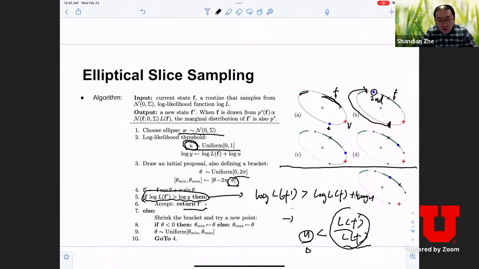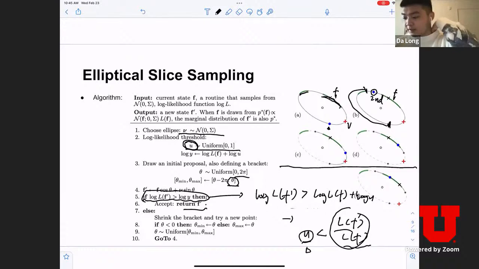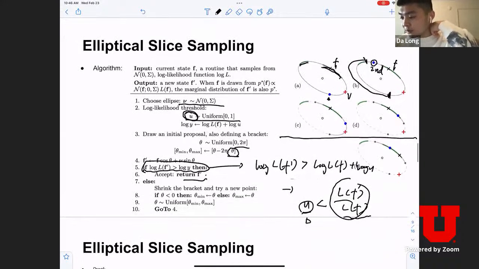You just adjust theta until you get a valid sample. Is it under the slice sampling framework? I think it's different from slice sampling, but they share the shrinkage trick.